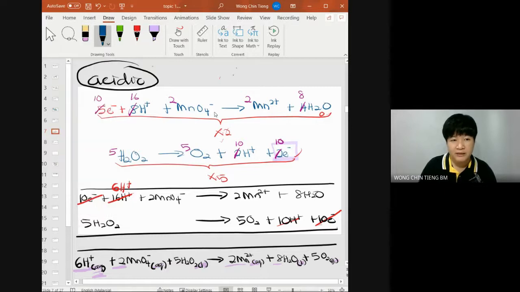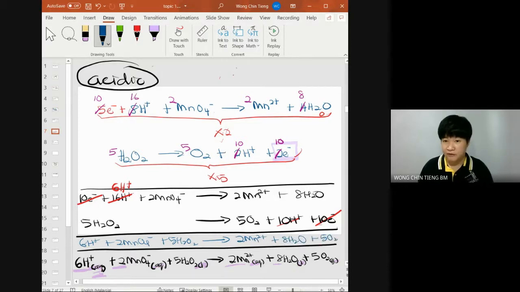Kamu patut still ada yang kamu combine kat sini di mana kamu dapat 6H+, kamu dapat 2MnO4-, kamu dapat 5H2O2, where the arrow still selari, yang di mana kamu kena check boleh tak saya simplify lagi ataupun ada tak benda yang saya repeat or whatsoever. If you can simplify, you simplify. If you cannot, tambah fasa, that is your final answer.